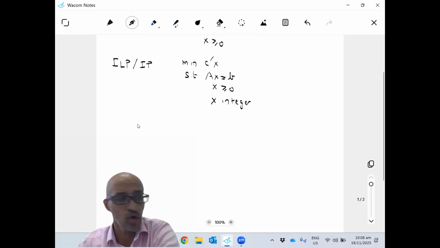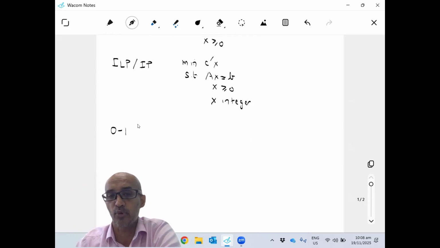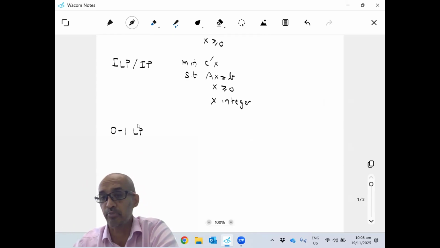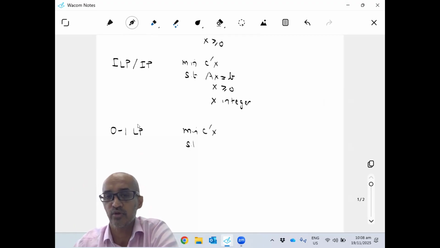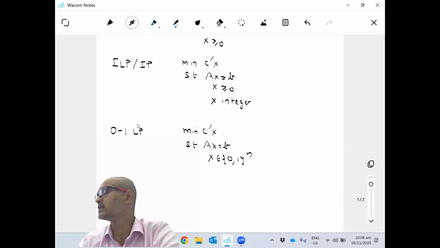Now, a class of these problems is what are called 0-1 linear programs. A subclass, which is basically to minimize C transpose X subject to, let's say, AX equal to B, but instead of X non-negative, I'm going to say X takes values in {0,1}^n.